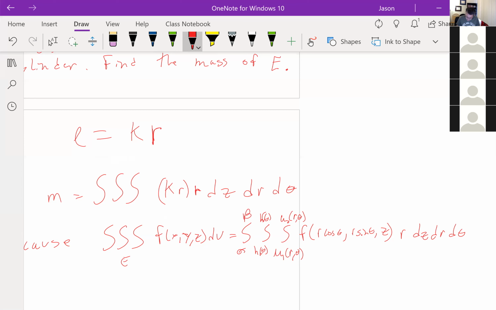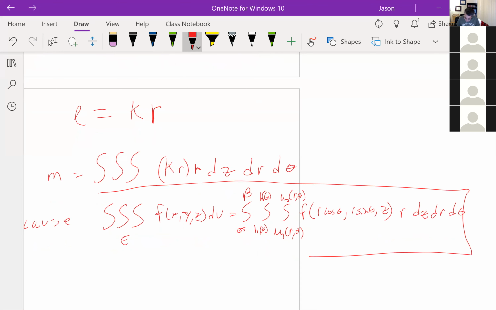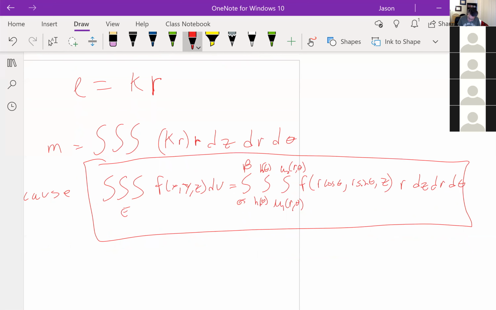Okay, so let's see how we can move this from x, y's, and z's to z, r's, and thetas. So this is actually k r squared, right? What's z going to go from?